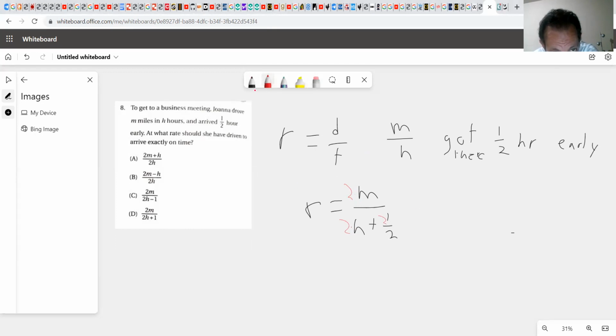So we wind up getting 2m over 2h plus 1. And what happens is this 2 and this 2 cancel out. So you're left with 1, right? So look at the choices and yes, there it is. It's D, right? 2m over 2h plus 1. Right, so the answer is this.